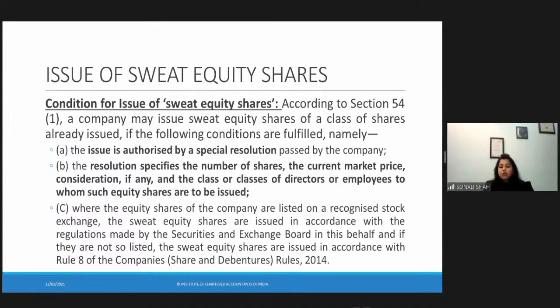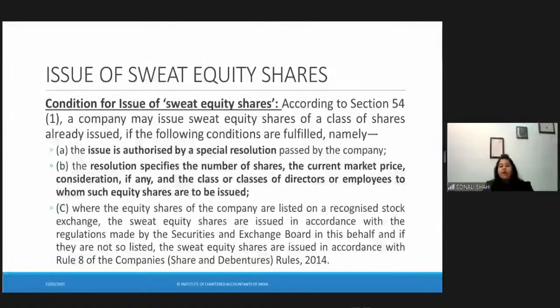Okay. So coming back to section 54, which talks about sweat equity shares. The sweat equity shares can be allotted where it is authorized by a special resolution passed by the company. And the special resolution should specify the number of shares, the current market price, the consideration, if any, and the class or classes of directors or employees to whom such equity shares are to be issued.